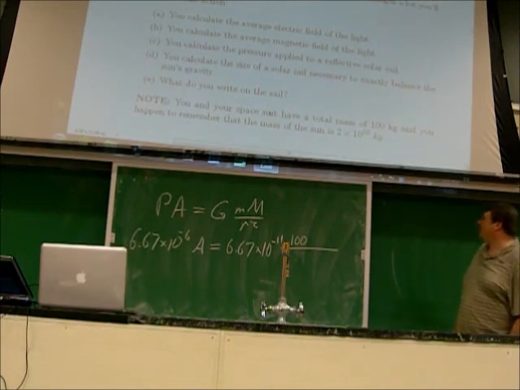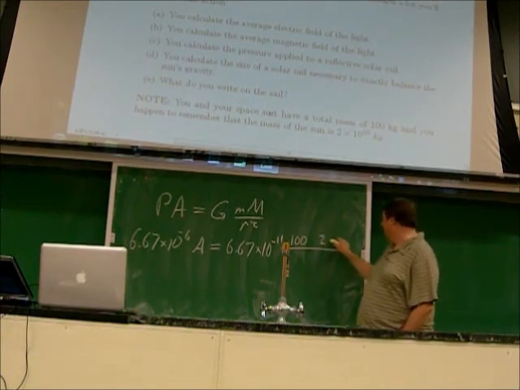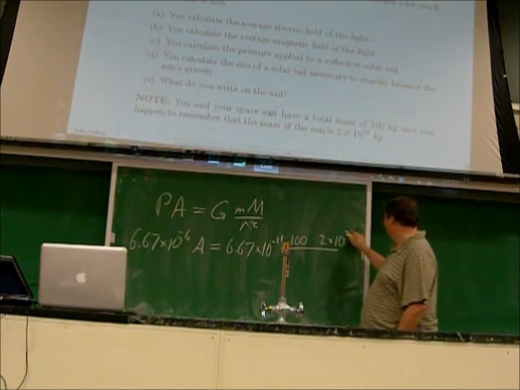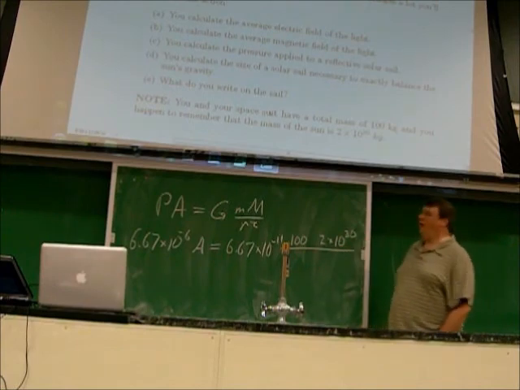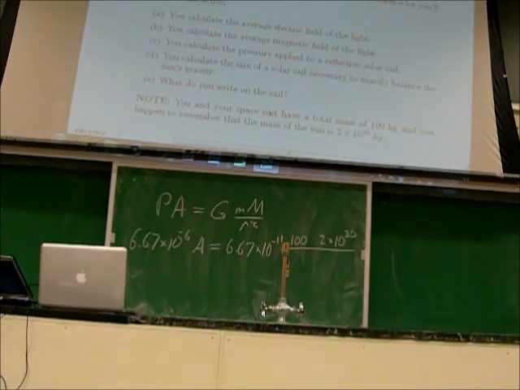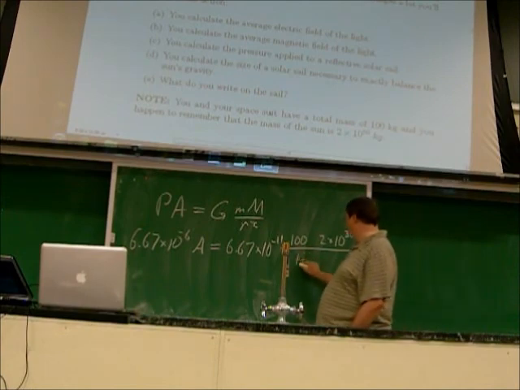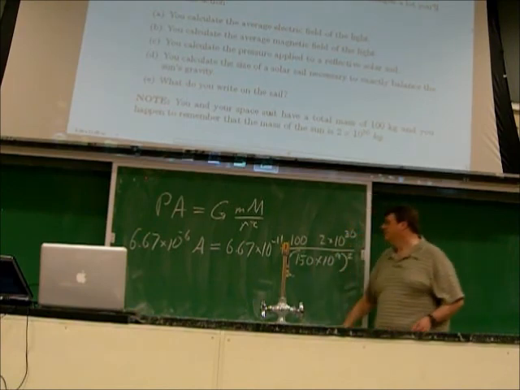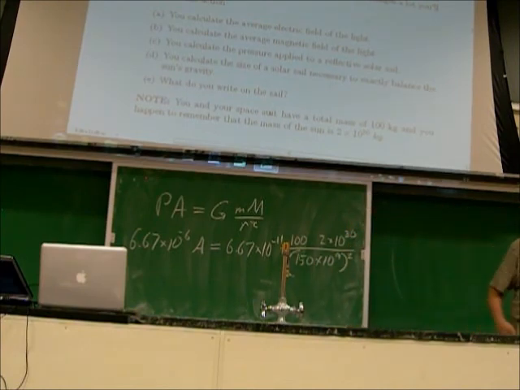Okay, so, over how much? 150 billion. Now make the billion 10 to the 9. You don't change the kilograms to grams?